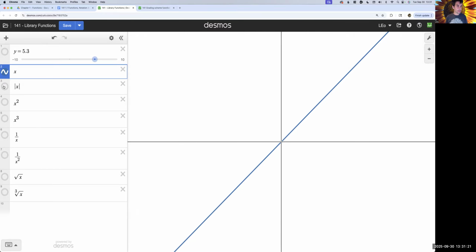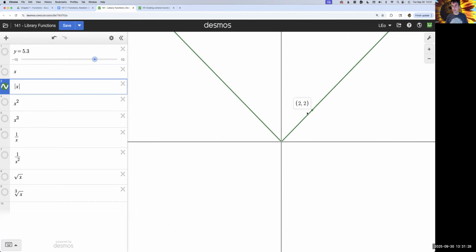All right, let's look at absolute value. On the right side, where we're looking at positive inputs, what does absolute value do to a positive number? It does nothing, and you just get back what you put in. So it's exactly the same as the function we just looked at, where the coordinate pairs are the same.